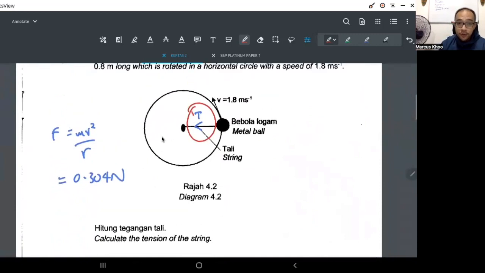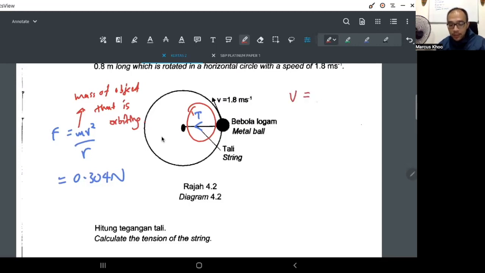Okay, so centripetal force is one of the very few forces where the mass is the mass of the thing that is orbiting, not the mass of the center. Remember this lah, because a lot of the other ones are, for example, linear speed is square root of GM over r, escape velocity is square root of 2GM over r.